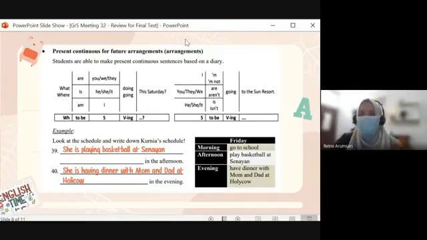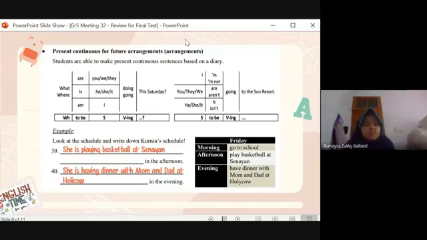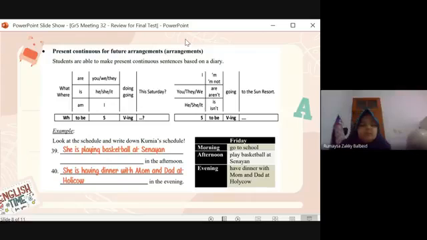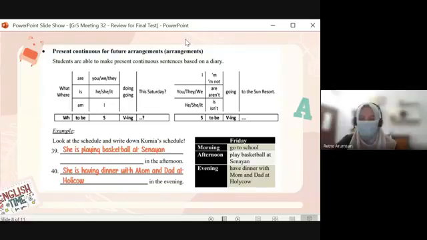Okay, wait, I want to take a photo of you first. So this is part of the teacher's attendance. We have to record our activity.